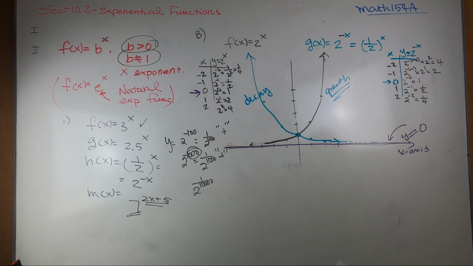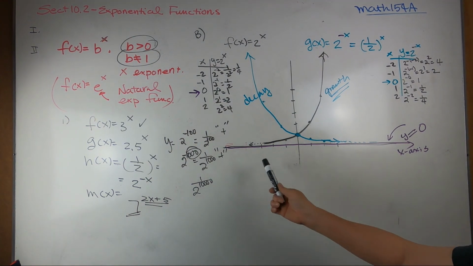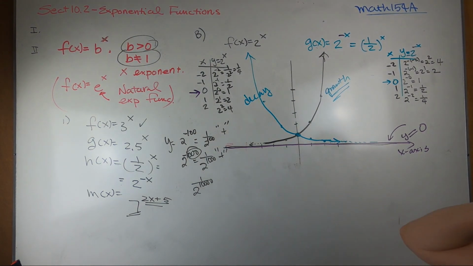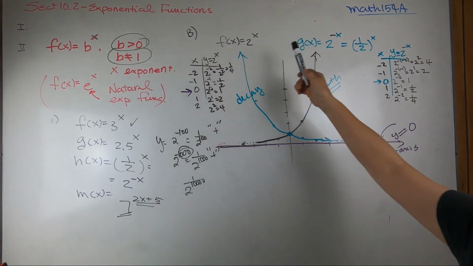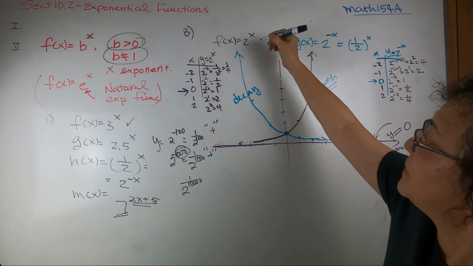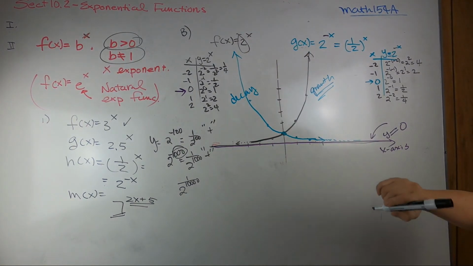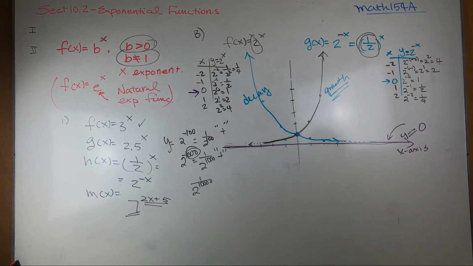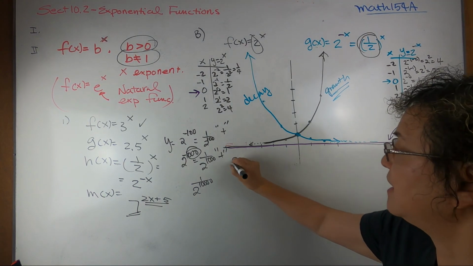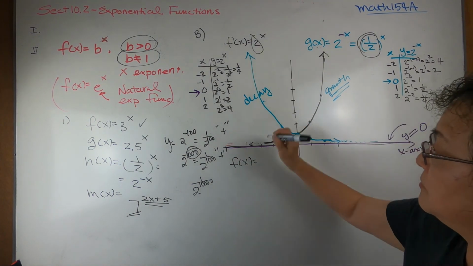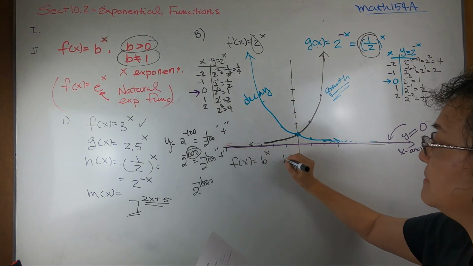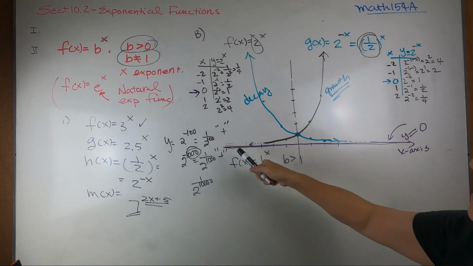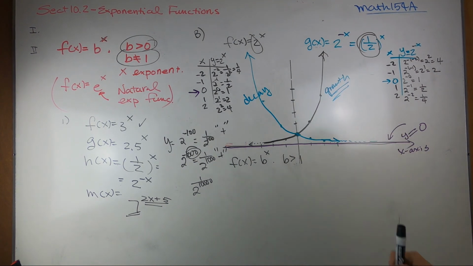Okay, usually we use b as a base. Take a look. This one, the base is 2. This one, if you just use x as the exponent, then your base is half. Okay? So if I have f of x equals b to the x power, if my b is bigger than 1, my graph will look like this.